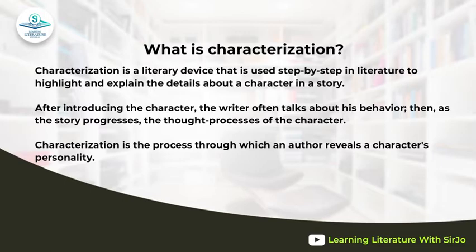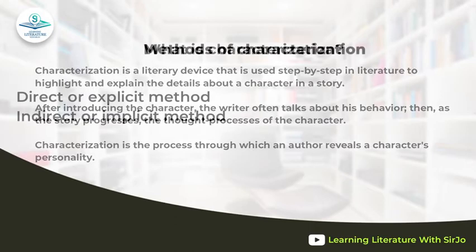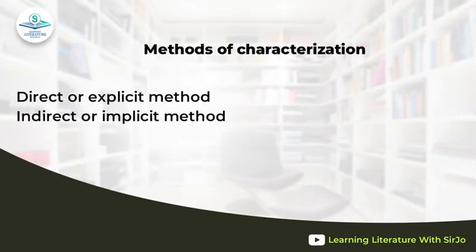Now, what are the methods of characterization? We have two main methods of characterization, and they are the direct or explicit method and the indirect or the implicit method. The direct method is also known as the telling method.